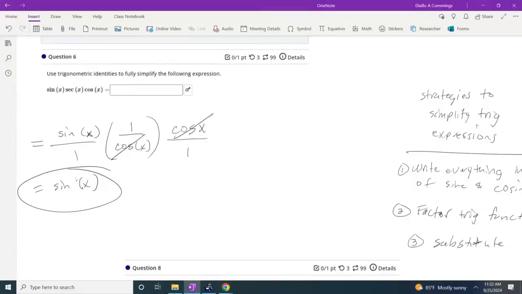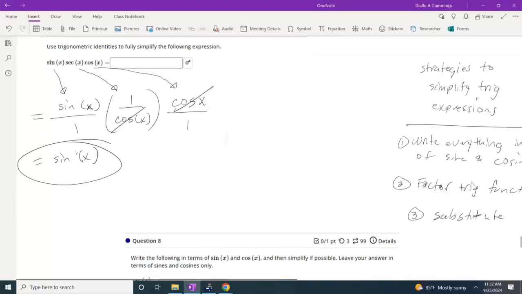Well, this is sine x. We've rewritten the secant as 1 over the cosine. And then I just brought cosine x down. And I just put sine and cosine over 1, and then I can cross cancel. All right, that's number 6.